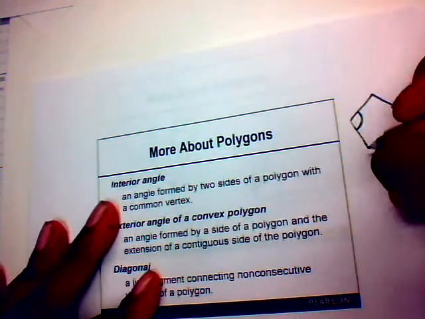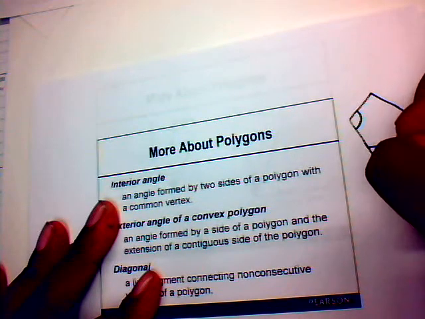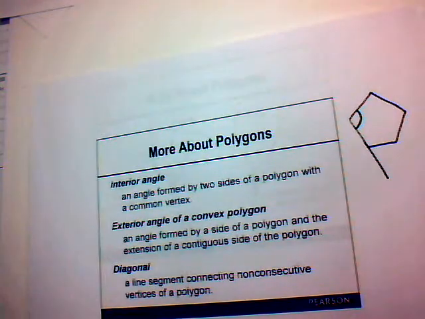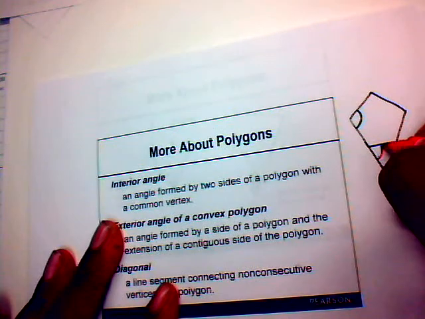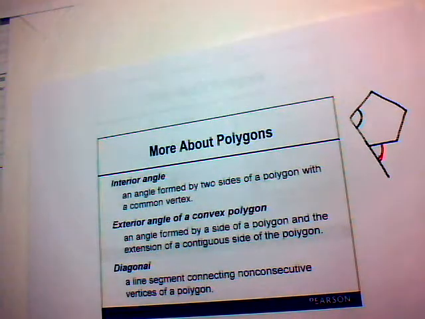If I was to extend this side of the polygon like this, then this angle right here in red is your exterior angle. That's an exterior angle.